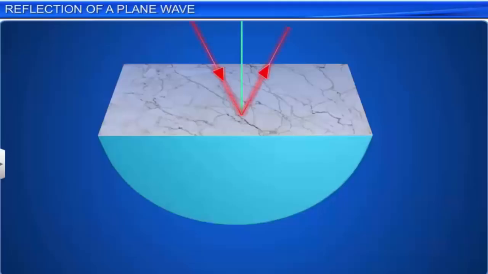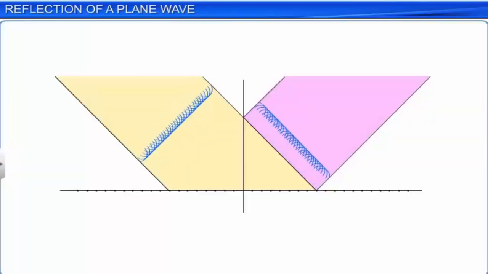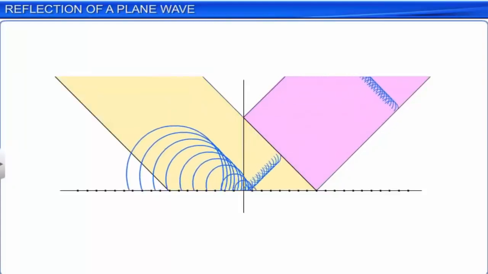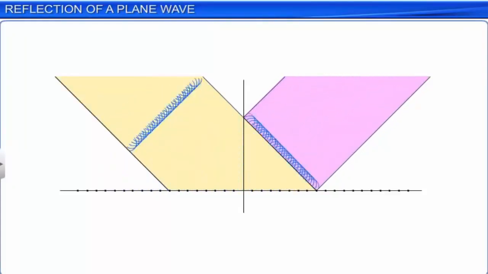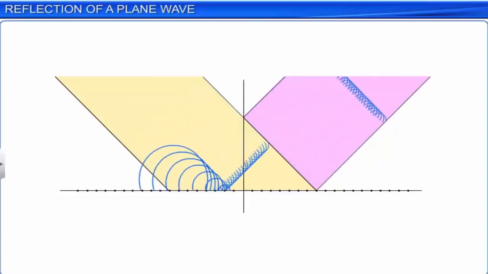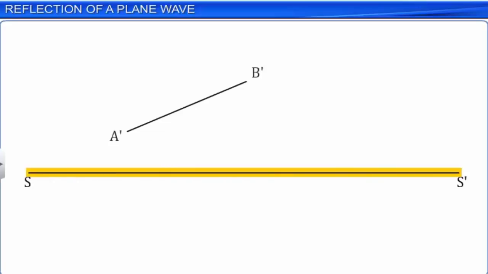In ray optics, you have already studied about the laws of reflection. Now, we shall study them again, but with wave theory as the basis. In order to prove the laws of reflection based on wave theory, let us consider the reflection of a plane wavefront A', from a plane reflecting surface SS'.